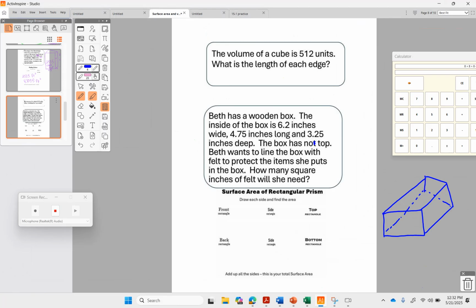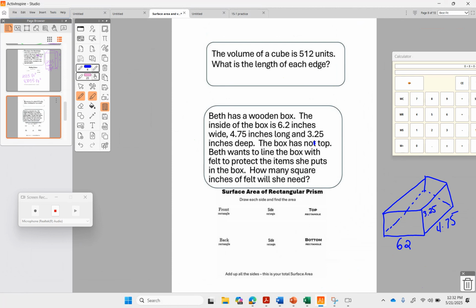Okay, so it's 6.2 inches wide by 4.75 inches long by 3.25 inches deep.